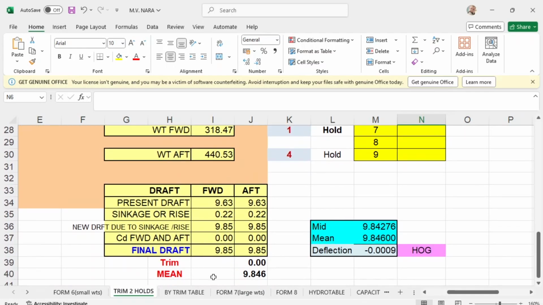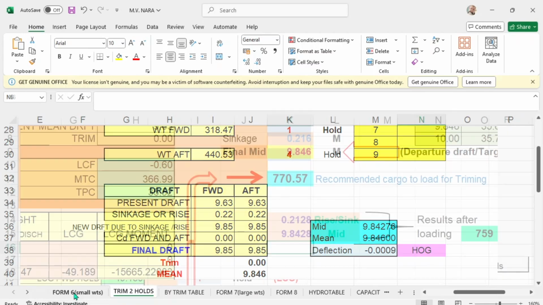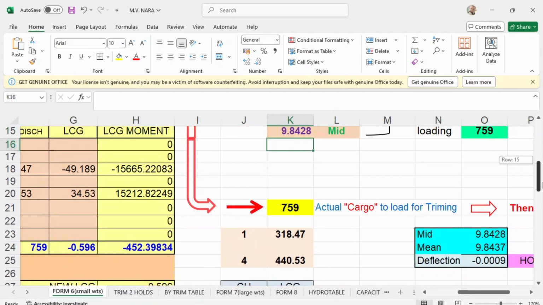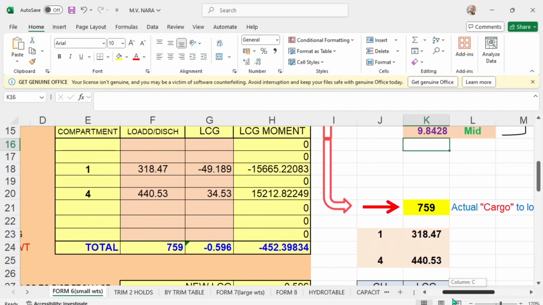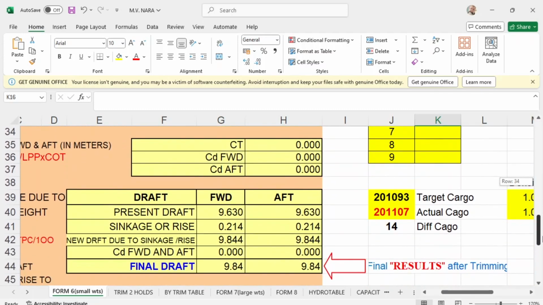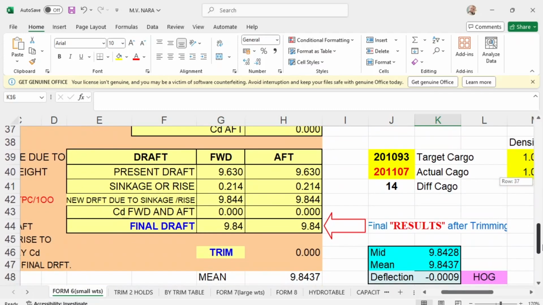The draft will be still the same, 9.85. You have 0 trim and 9.846, and you have 0 deflection in form number 6, which you load in number 1 is 318.47, which is this one. Number 4 will be 440.53, which is this one, and your final draft would be the same.